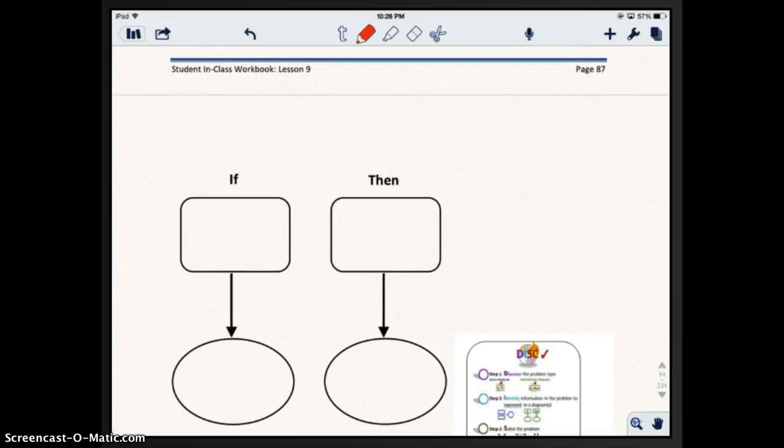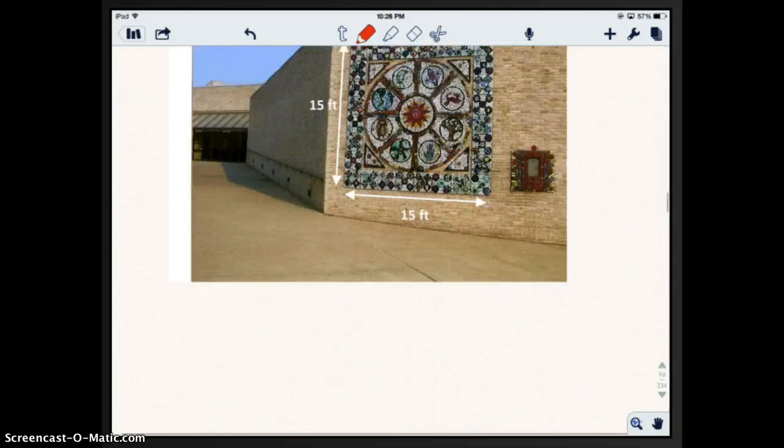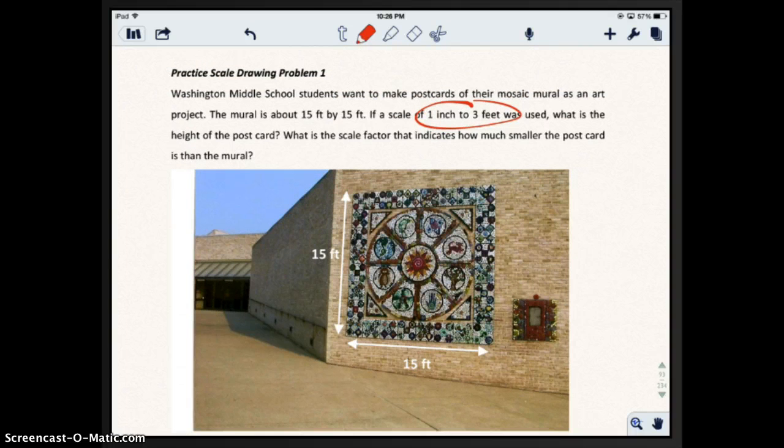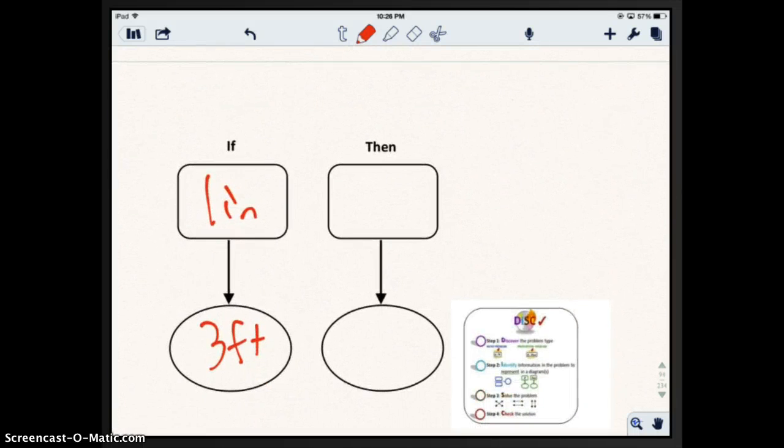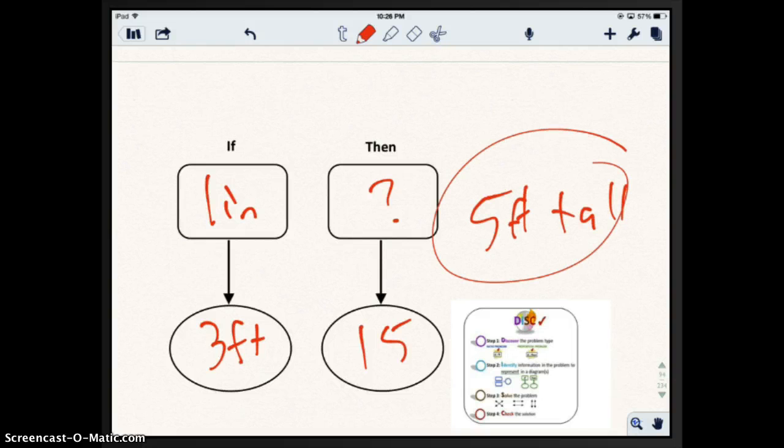Alright, so 1 inch to 3 feet is what they give us, and we're supposed to find out the height of the postcard. The height's 15 feet in real life. I'm going to do some cross multiplying and stuff like that. Ends up being the height is 5 feet tall.